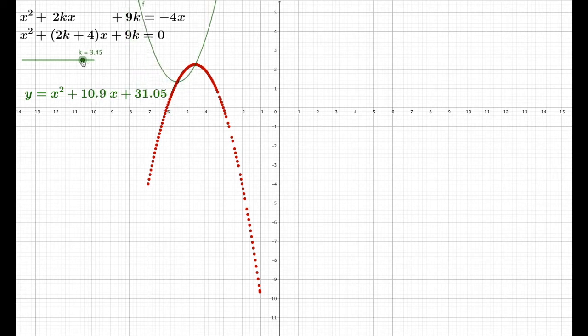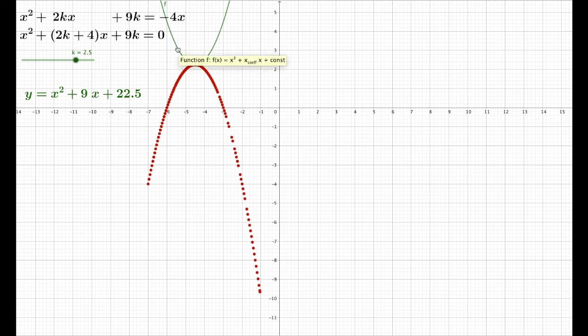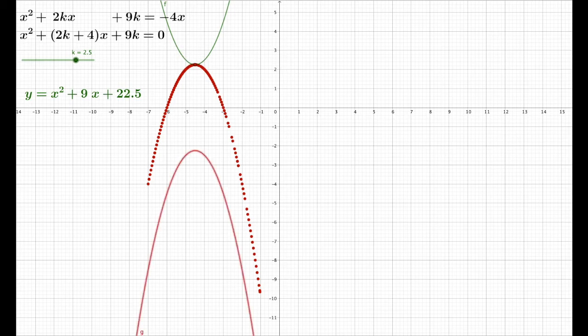But not only does it look like a quadratic, if we put k to 2.5, which is of course halfway between the 1 and the 4, that are the sort of key numbers in this question, then it looks very much like a reflection. So if we look at the reflection of our original quadratic, then that's the reflection in the x-axis.